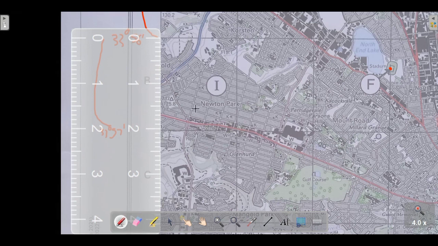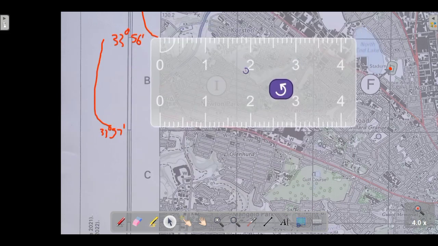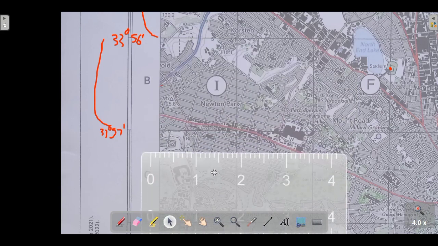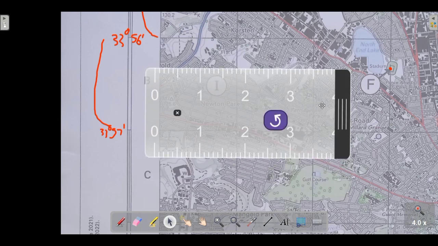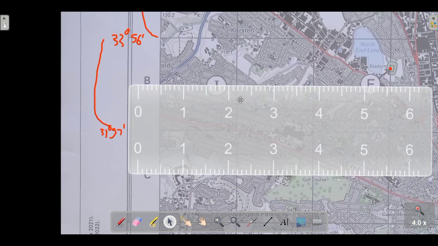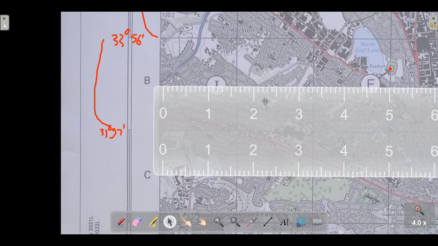Let me use thinner. There we go, right about there. Let's rotate our ruler again and ensure that it lines up again. So we know that our half is right over here.